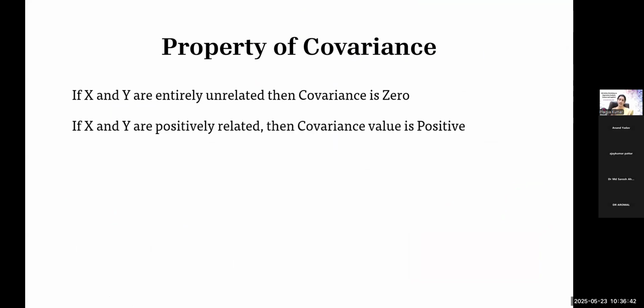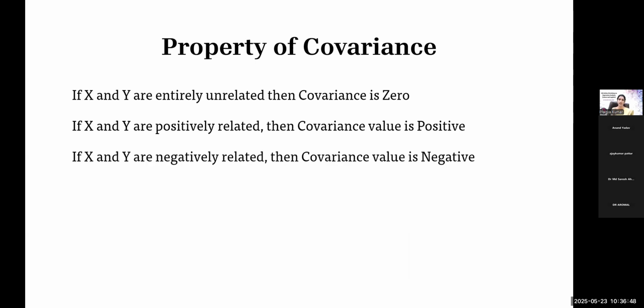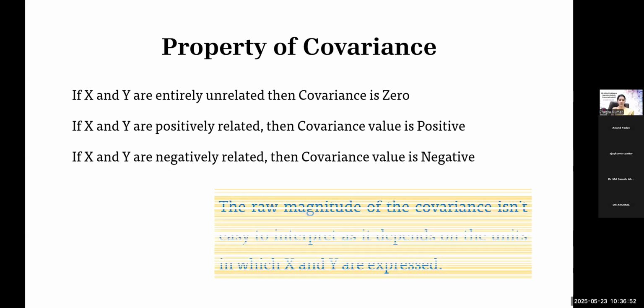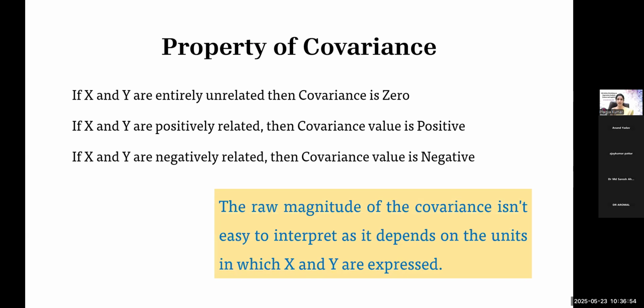If x and y are positively related, then the covariance value will be positive. And if x and y are negatively related, then the covariance value will be negative. But again, this is a raw value. Why? Because there is a unit attached to it, and we cannot interpret it easily, as it depends on the units in which x and y are expressed.